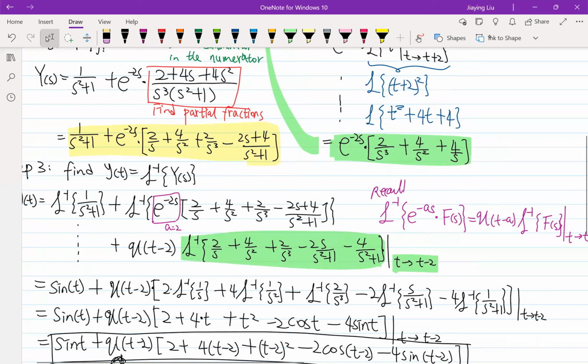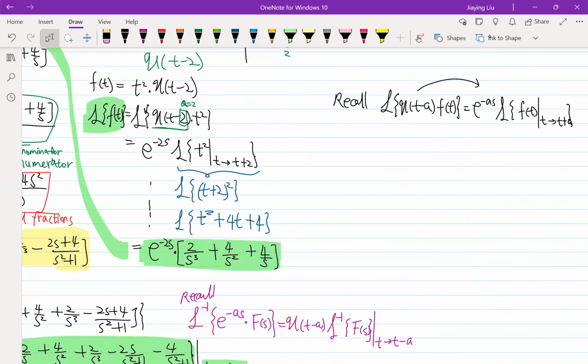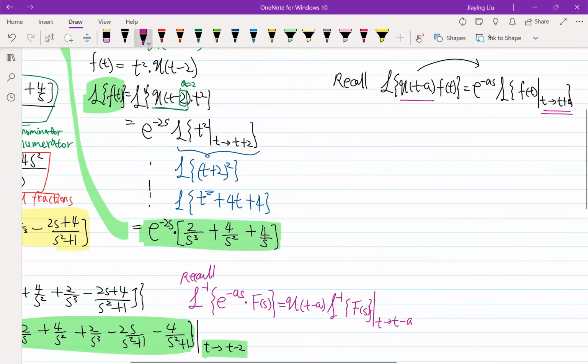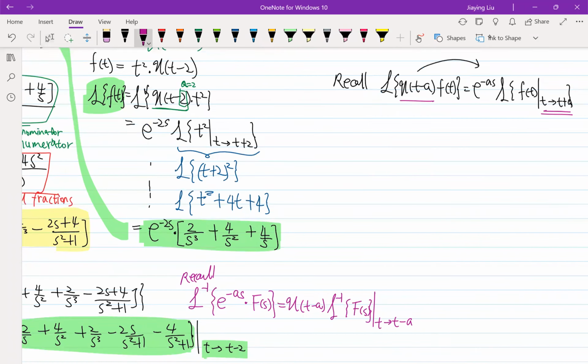Exactly, right. So for the t translation, when we find the Laplace transform, we're going to have t goes to t plus a first. And then when we apply the inverse, we're going to have t goes to t minus a after we find the transform.